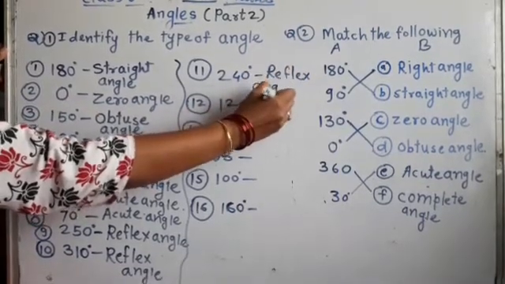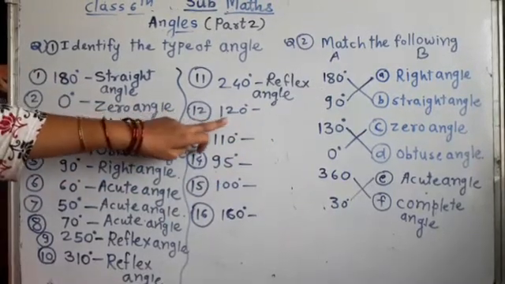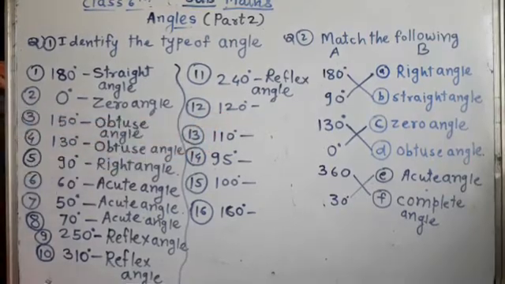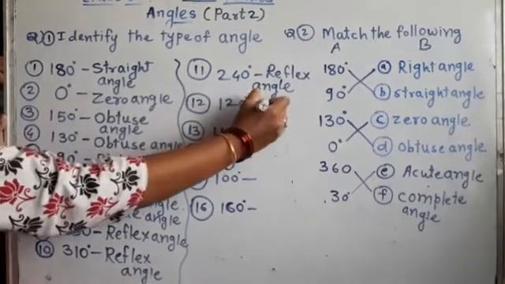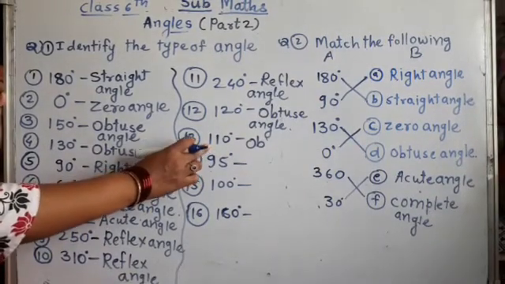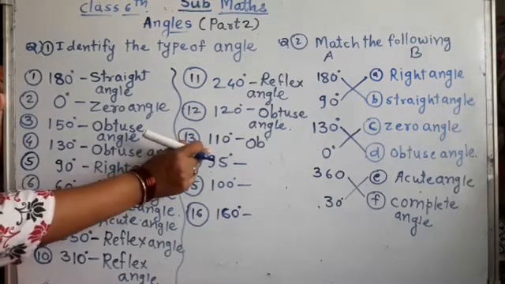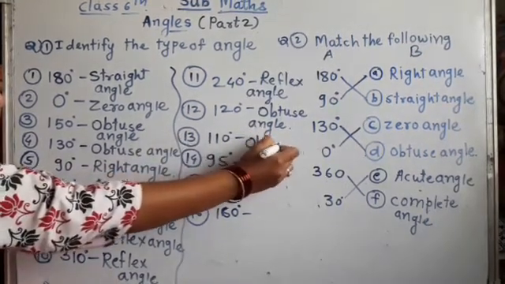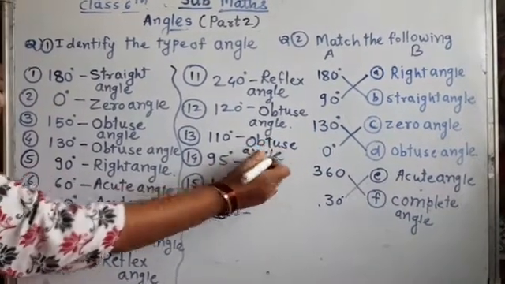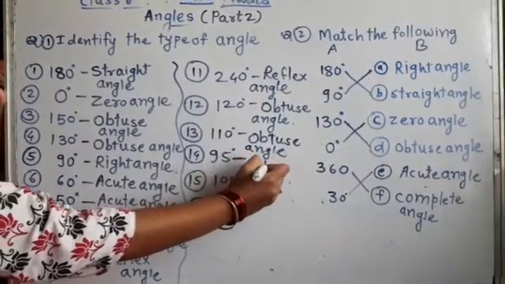And next is 120 degree. This is greater than 90 degree, less than 180 degree. Therefore, this type of angle is called an obtuse angle. This angle is of 110 degree. So, this is greater than 90 degree, less than 180 degree. So, this angle is an obtuse angle. This is also an obtuse angle. Why? Greater than 90 degree.